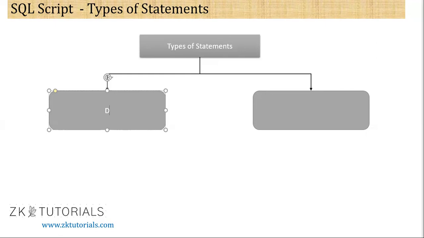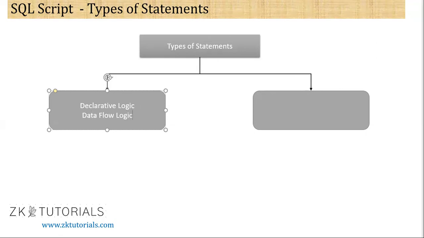One is declarative logic, also known as data flow logic. Sorry guys, I made a spelling mistake. Declarative logic, or sometimes we call it data flow logic.